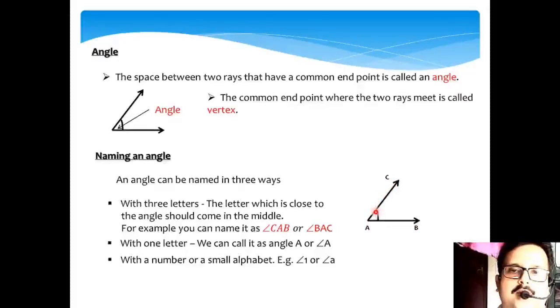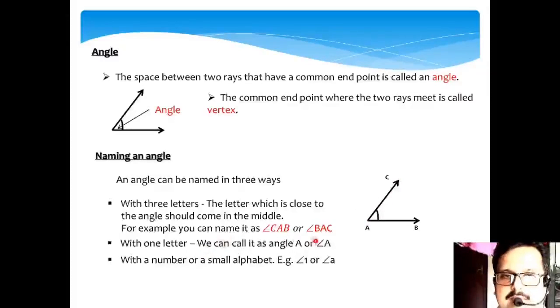One important thing you have to notice that the point which is very close to the angle should come in between. Here you can see A comes in between the other two letters. So the part which is very close to the angle should come in between. Okay, so with three letters, how can you name it? CAB or angle BAC. Both are correct.